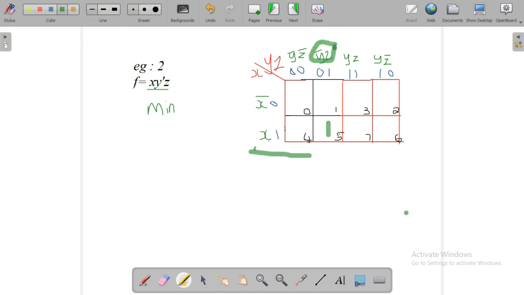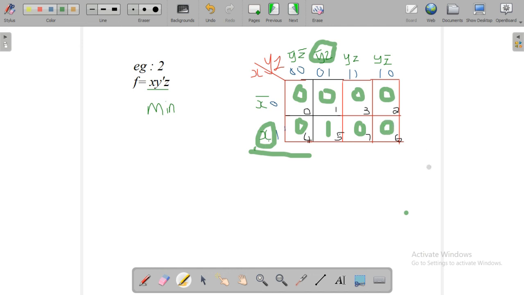That point is the minterm, so we fill in 1. The remaining cells you have to fill with 0, that is compulsory. Only one minterm is there, that is the 1.